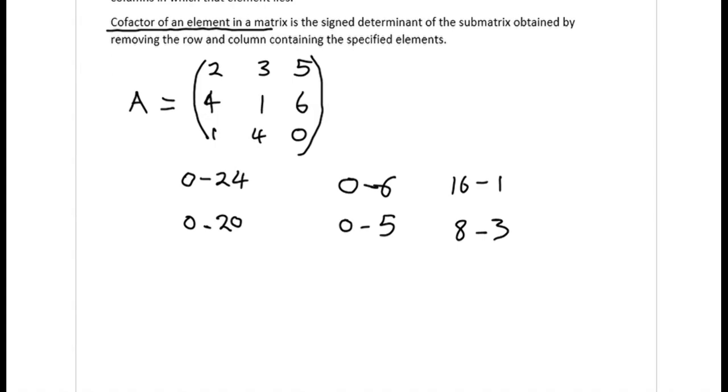I'm not going to put them among the elements I take the product of. So in the last row, 3 times 6 is 18, minus 5 times 1 is 5.